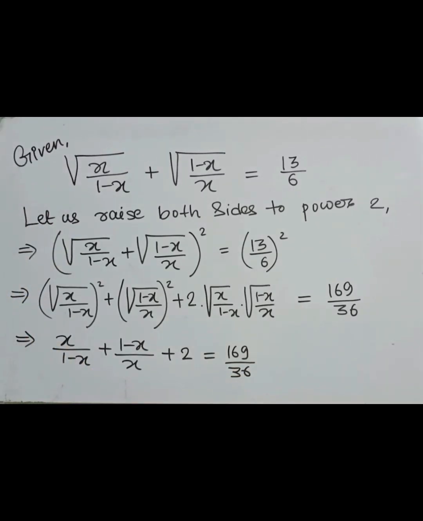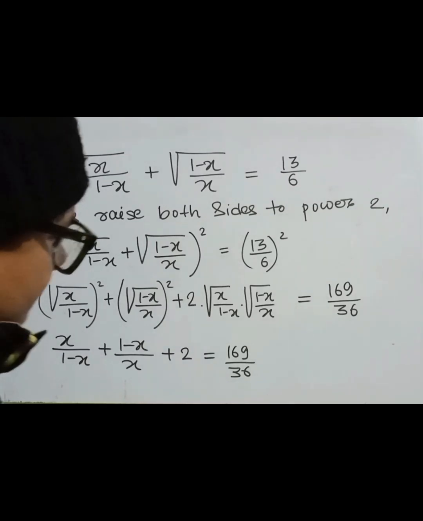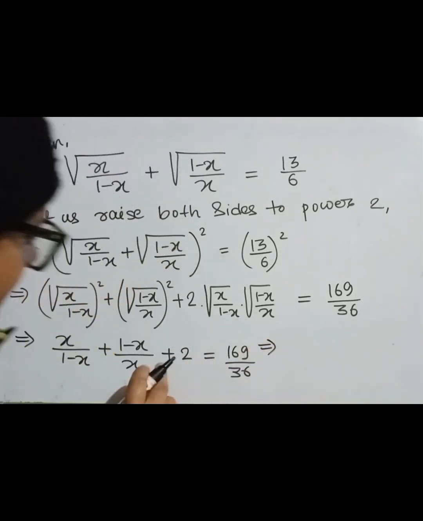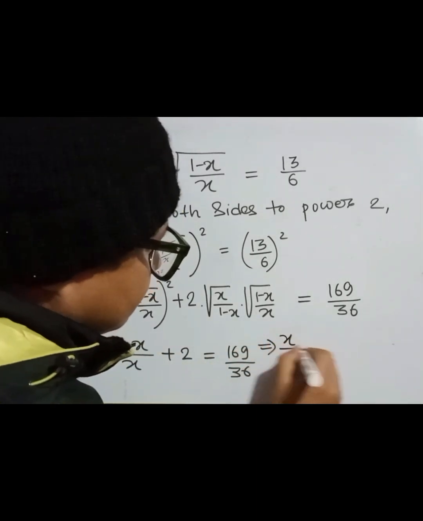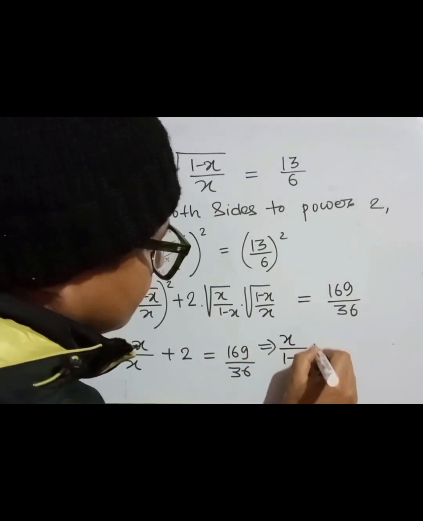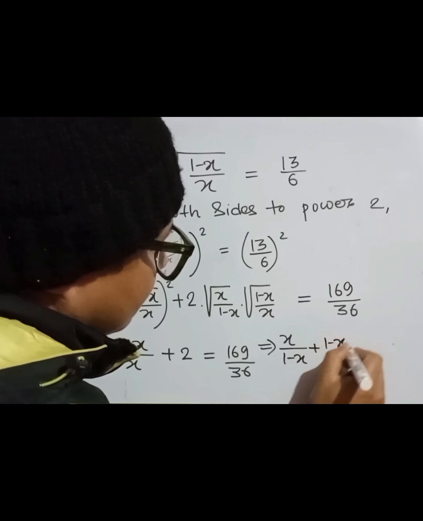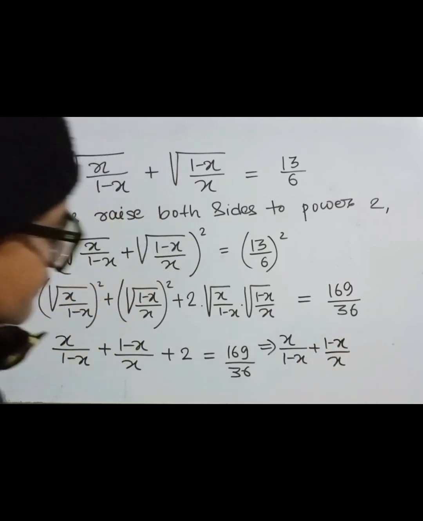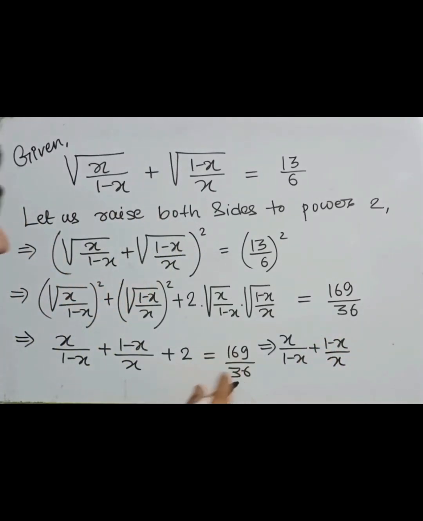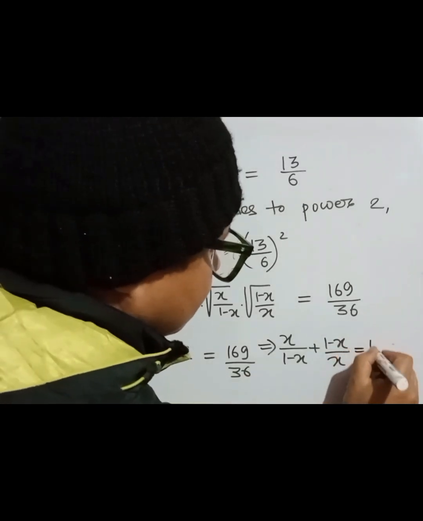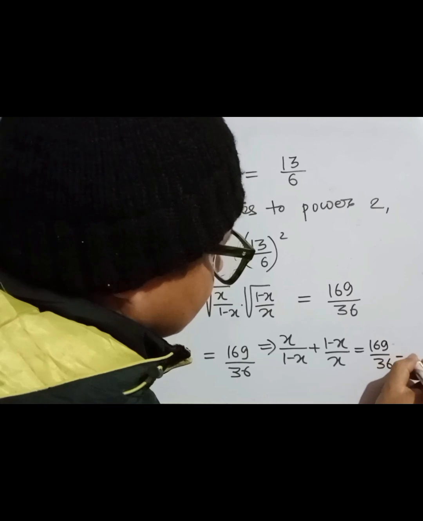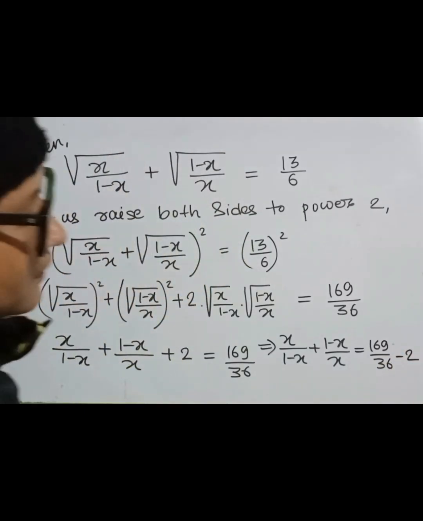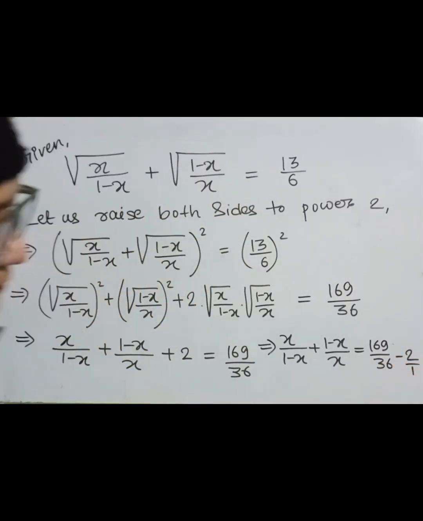Now in the next line we can take this plus 2 from the left hand side to the right hand side as minus 2, and the left hand side is x/(1−x) + (1−x)/x is equal to 169/36 − 2, and 2 is equal to 2/1.